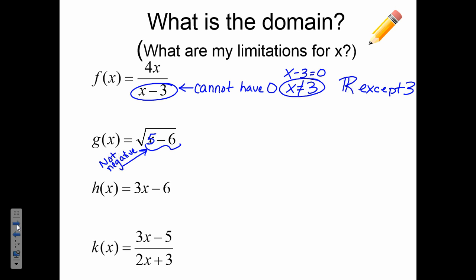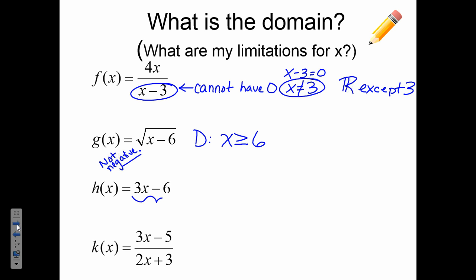In fact, anything less than 6, even 5.9, gives me something negative in that square root. 5.9 minus 6 is negative 0.1. So we got a problem. We have to make sure that my domain stays all x's that are, think about it now, greater than or equal to 6. We want to make sure my x values are greater than or equal to 6 because all the ones less than 6 turn that guy into a negative value there.